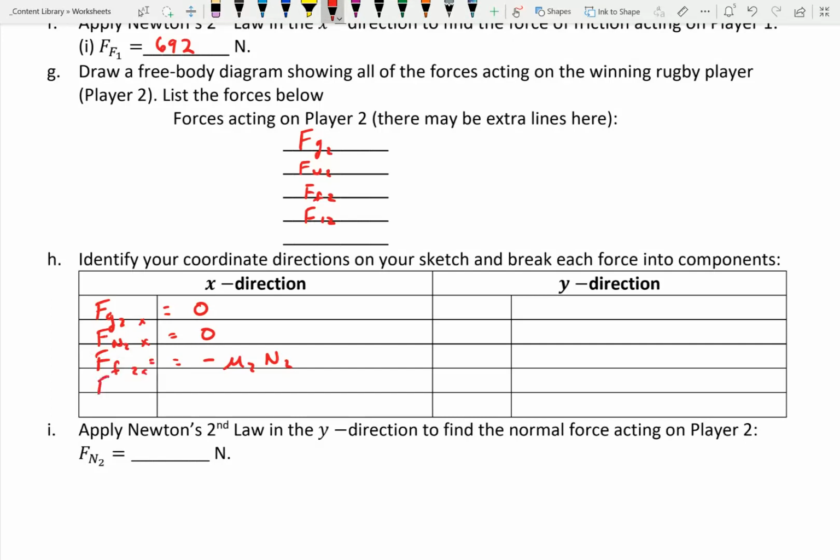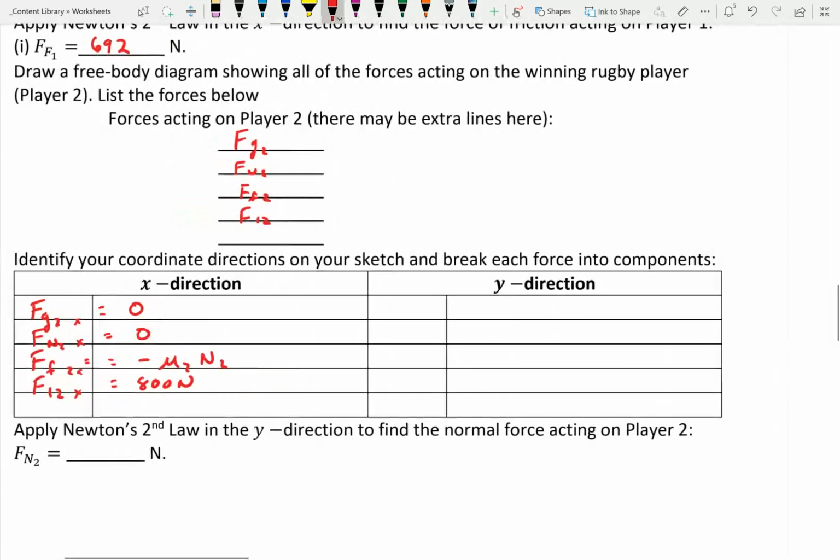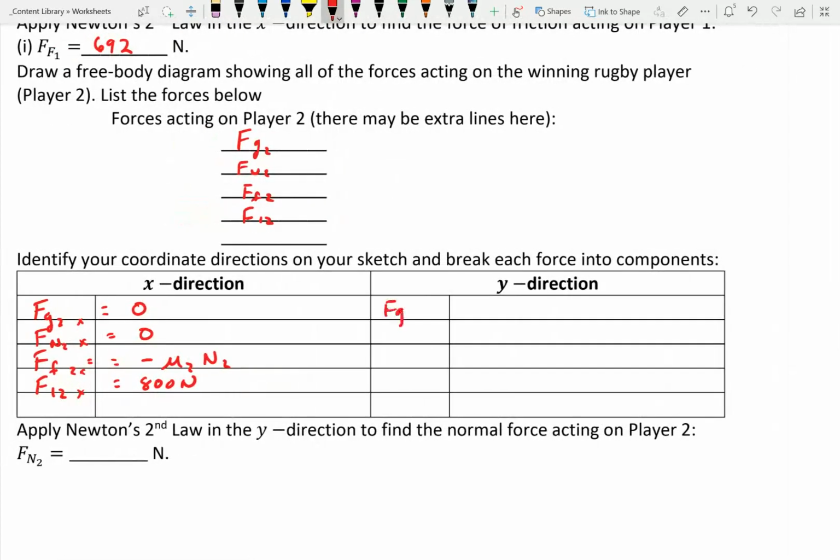And finally, force of 1 on 2 in the x direction is equal to plus 800. Looking in the y directions, force gravity 2 in the y direction is equal to minus m2g. Force normal 2 in the y direction is equal to normal 2. Force friction 2 in the y direction is 0. And force 1 on 2 in the y direction is equal to 0.